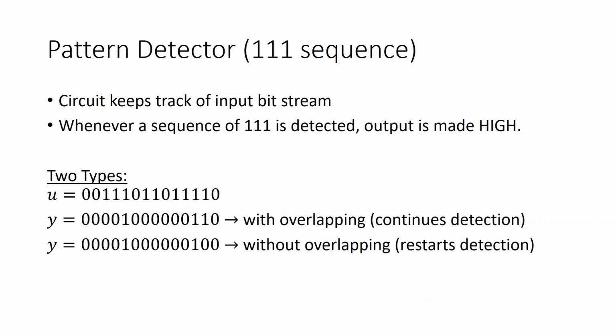Suppose there is a system. This is the pattern detector. There is a system, some input is coming and you have some output. The input is like a string of bits.